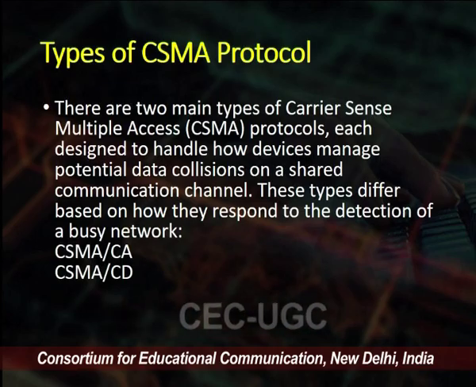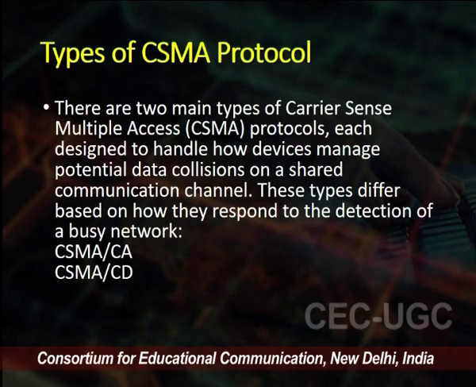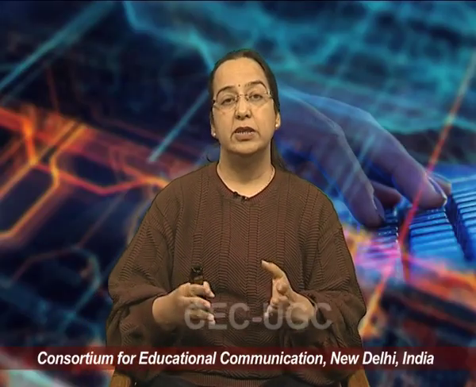These two protocols differ in their proactivity. One tries to detect the collision. Obviously, they detect the collision after it happens, and then work on damage control. This is your CSMA CD.